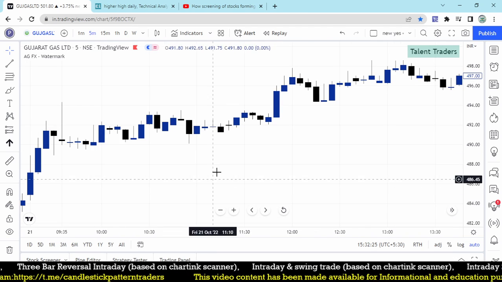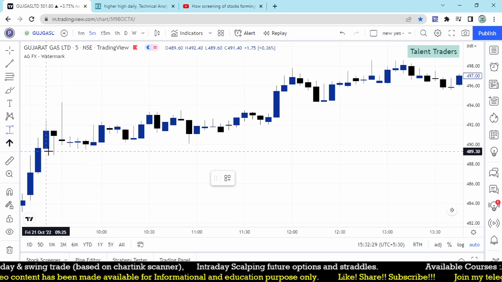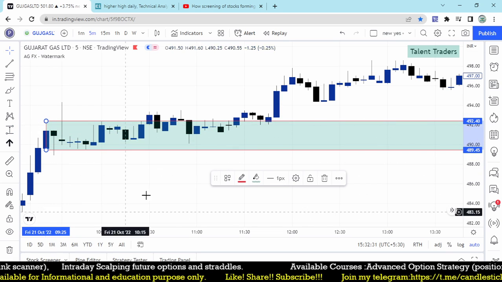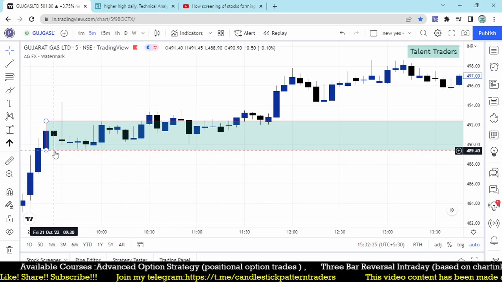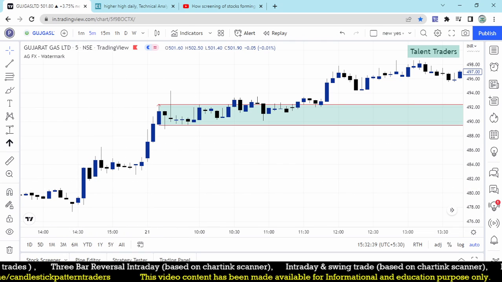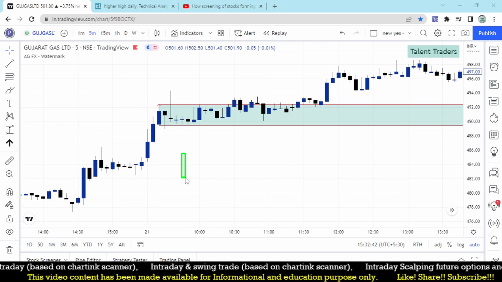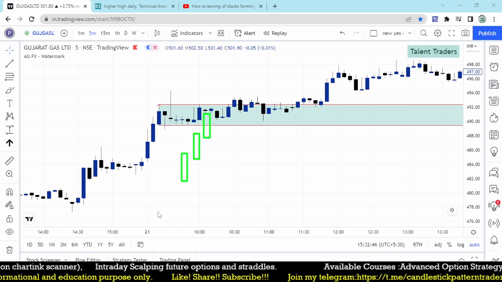So what we are using and how to trade based on this method, I'm going to tell you. This is the price range where we are going to focus for a trade opportunity. When the market keeps on moving higher, this is the first candle, the second candle and the third candle. There are 2 chances.